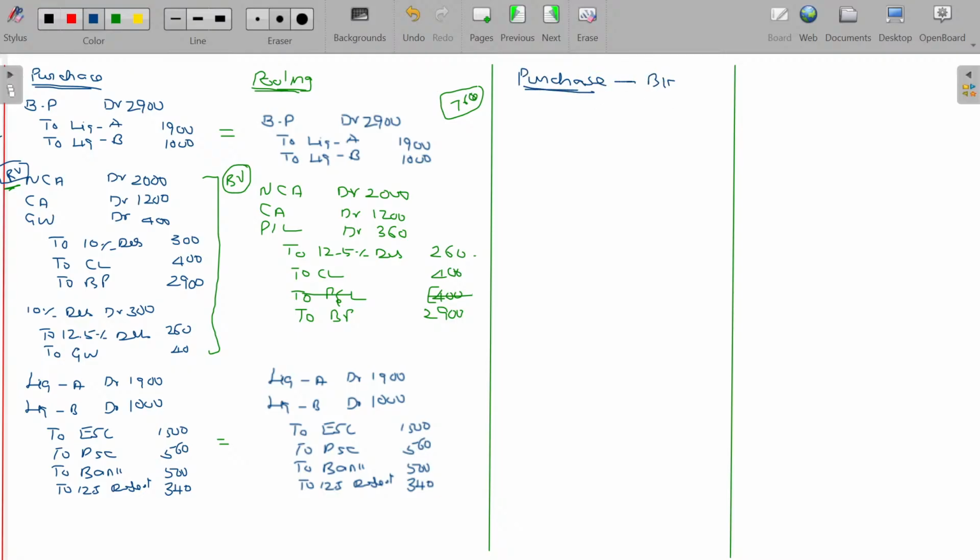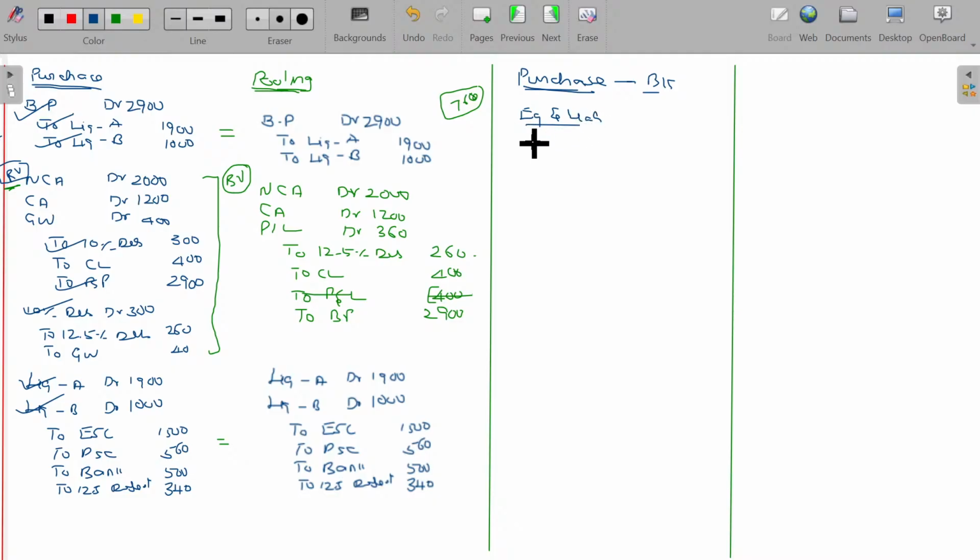Balance sheet. Business purchase got eliminated. Liquidator of A and B in the credit is equivalent to debit, will be mutually cancelled, and 10% debentures also be cancelled.